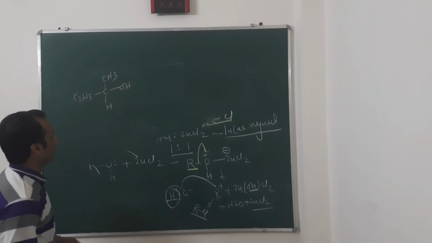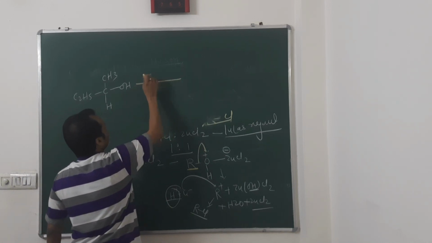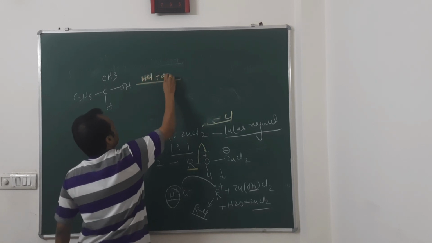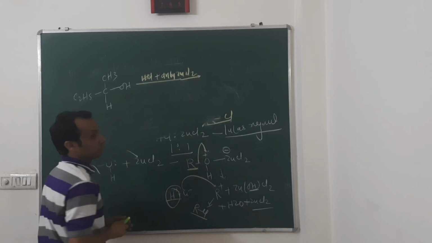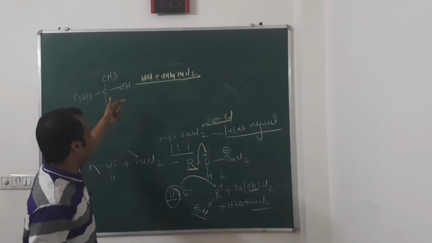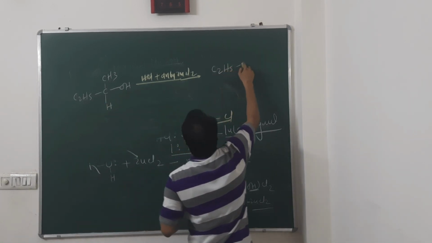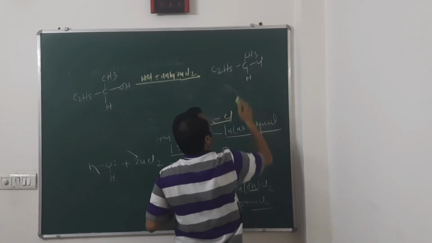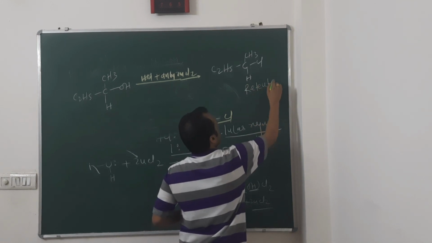Now I am telling you, when we take HCl plus anhydrous zinc chloride, see what happens. As you know, because it is a chiral center, two cases happen. One is C2H5, C, CH3, Cl and H in the same arrangement. This is called retention.